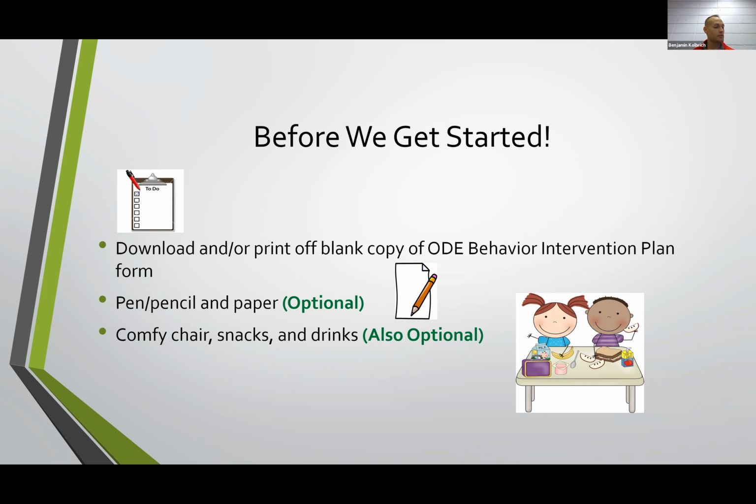So we're going to go over the Ohio Department of Education Behavior Intervention Plan form, since it's the one most commonly used in the school districts, and hopefully answer any questions that you might have, or help you get a better understanding of how the form should look when completed.